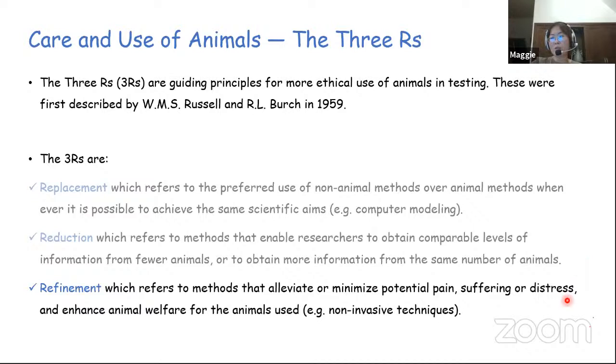And also when we do the protocols, non-invasive techniques are the first choice for the animals. So this is the refinement, which means make the animals feel better. So these are the 3 R's for animal use: replacement, reduction, and refinement.